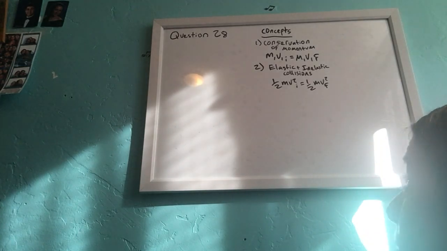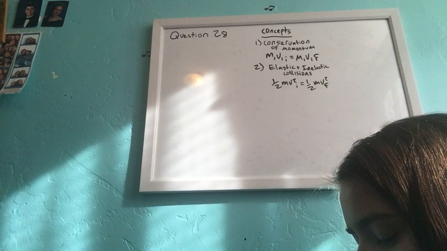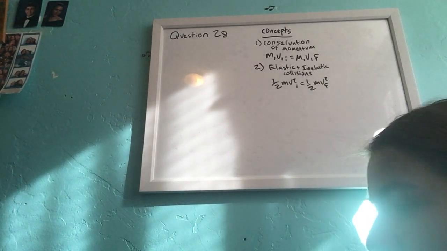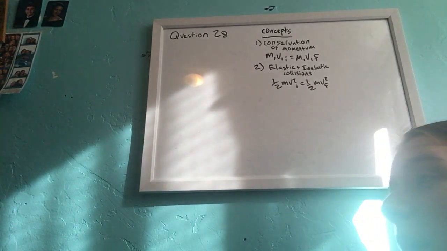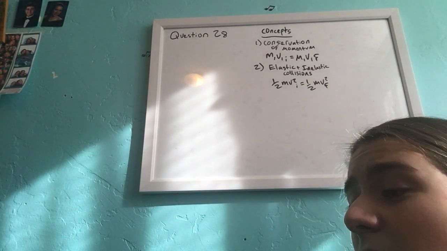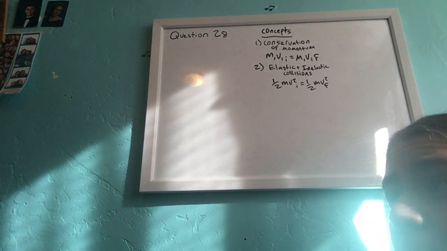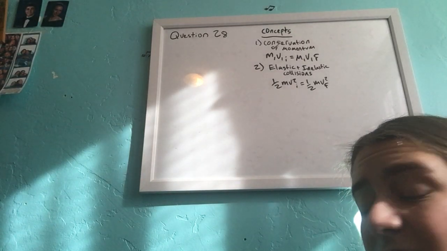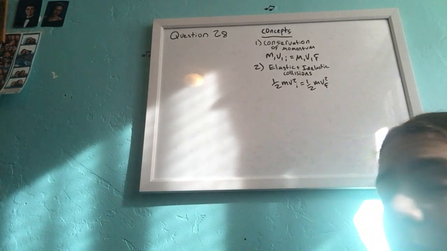The next one is inelastic collisions. In inelastic collisions, momentum is conserved, like I said, but kinetic energy is not conserved. That's the difference. And in inelastic collisions, there's something called perfectly inelastic collisions. Perfectly inelastic collisions are when the objects stick together and go at the same final velocity at the end.